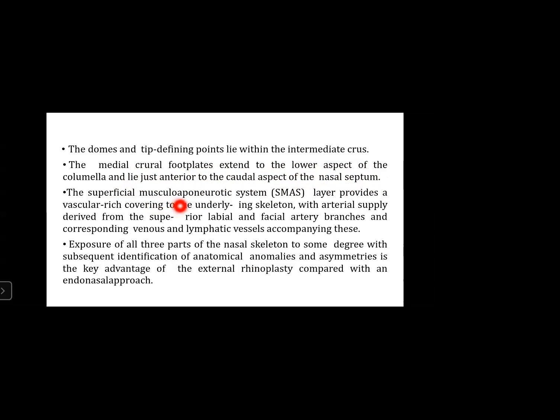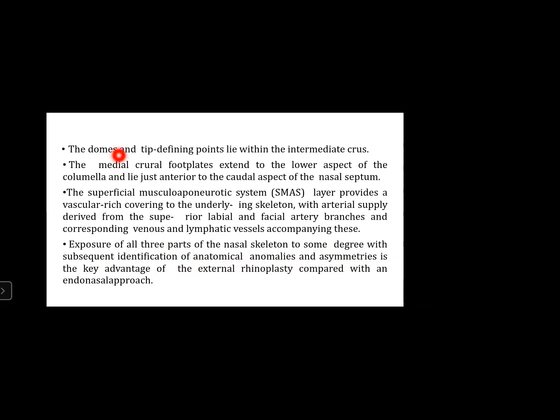The superficial musculo-aponeurotic system layer provides a vascular ridge covering to the underlying skeleton with arterial supply derived from the superior labial and facial artery branches and corresponding venous and lymphatic vessels accompanying this. Exposure of all three parts of the nasal skeleton to some degree with subsequent identification of anatomical anomalies and asymmetries is the key advantage of the external rhinoplasty compared with an endonasal approach.